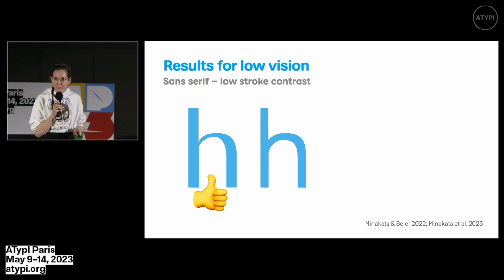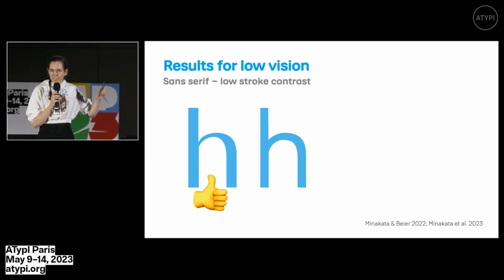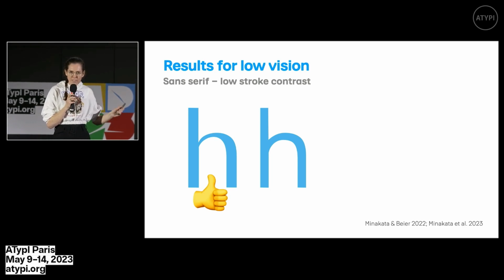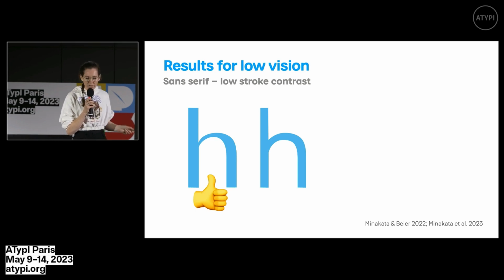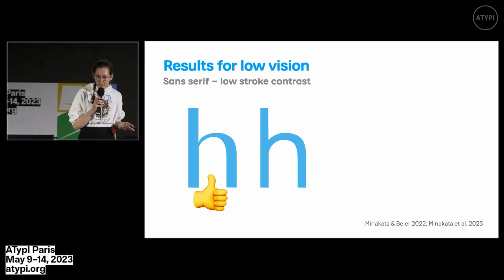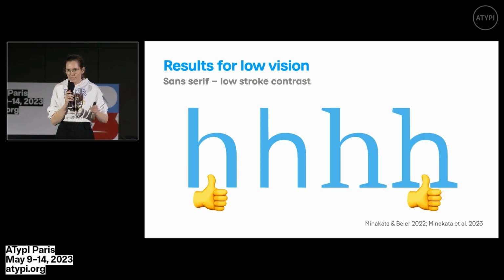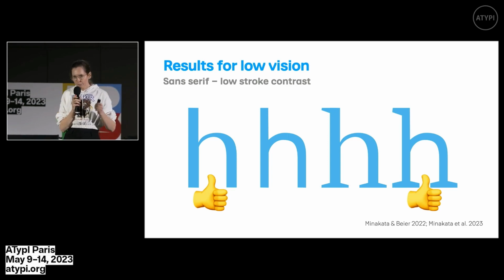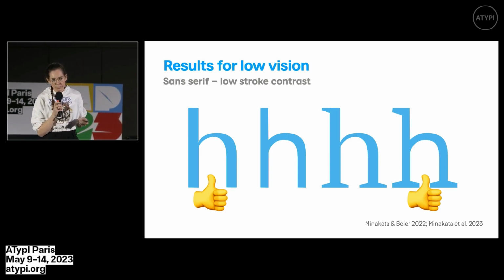But then when we move on to the low vision readers, that changed completely. So now the best font for this group, the font that was easiest for them to read in small sizes, that was the sans serif with high stroke contrast. And then when we go to the serif fonts, the same happened again. The font that was easiest to read for these low vision people had low stroke contrast.